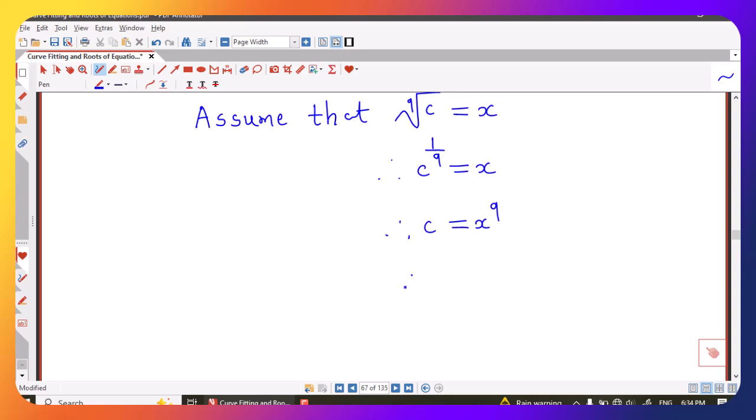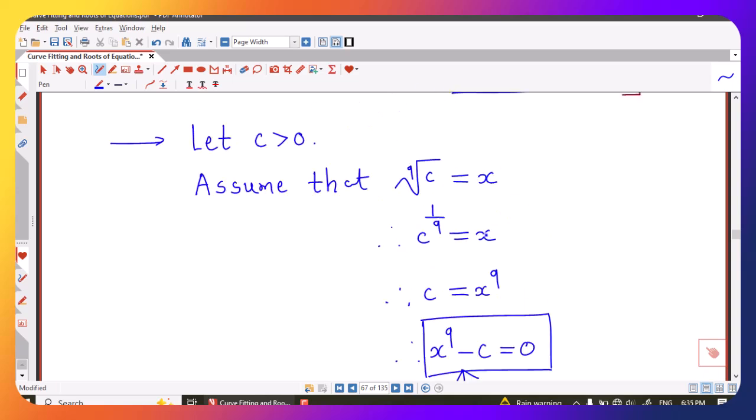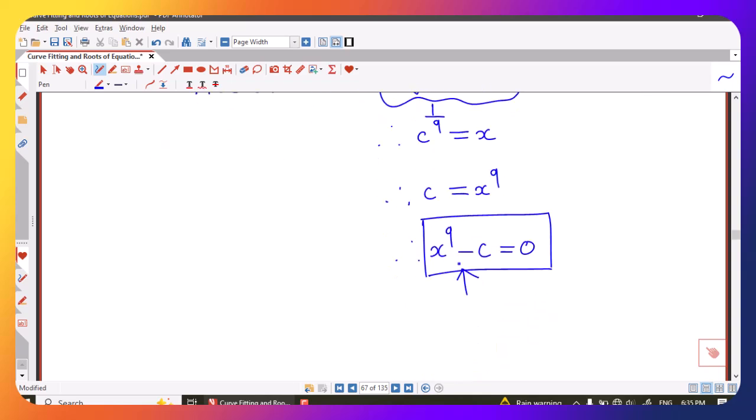That will give me this equation, x raised to q minus C equal to 0. So if we can solve this equation for x, here x is the unknown variable which is nothing but the qth root of C. So the problem of finding the qth root of a positive real number C is equivalent to solving this equation x raised to q minus C equal to 0.